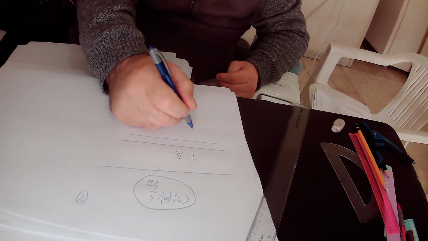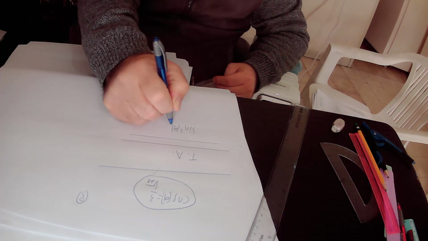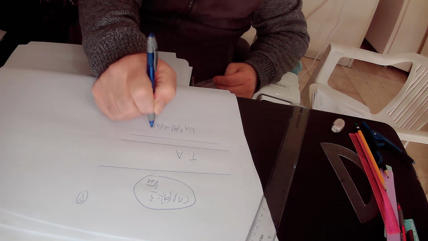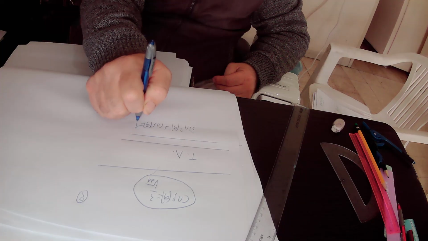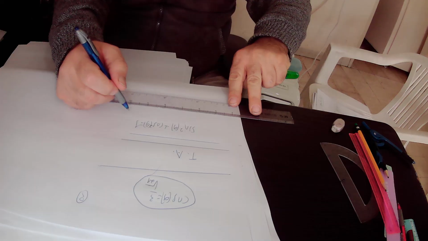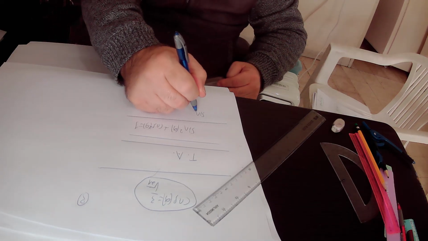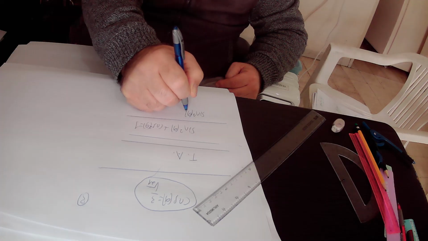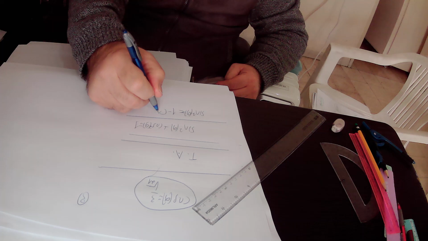Let's say that sine square alpha plus cosine square alpha equals 1. So here we'll subtract cosine square alpha from this trigonometric identity and get that sine square alpha equals 1 minus cosine square alpha.